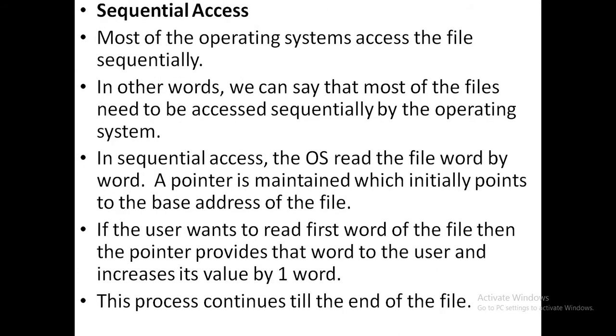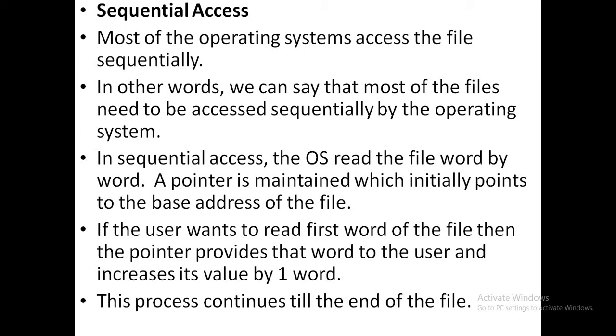So first is sequential access. Generally in the sequential access method, the operating system does not access the file directly, but it accesses the files one after another sequentially, those that are present in the disk storage or in the database.